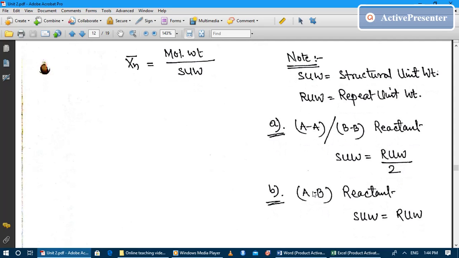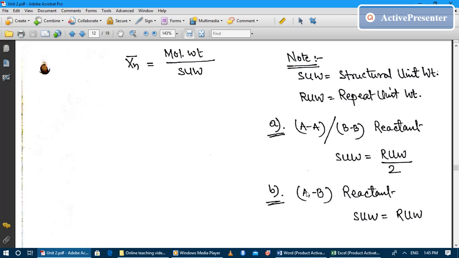And in case of AB type reactant, what is this type of reactant? An AB type reactant means a reactant having two different functional groups in the same molecule.